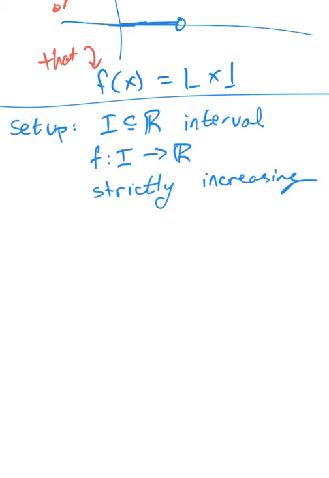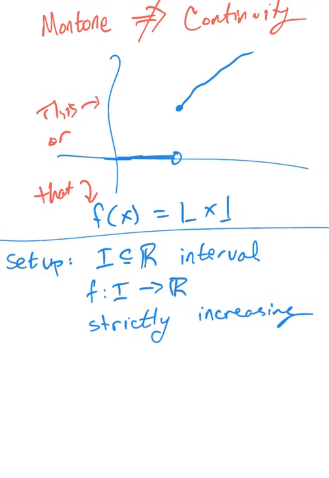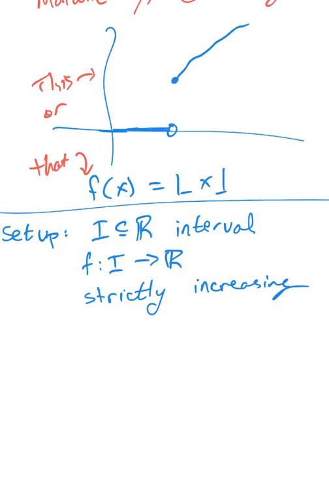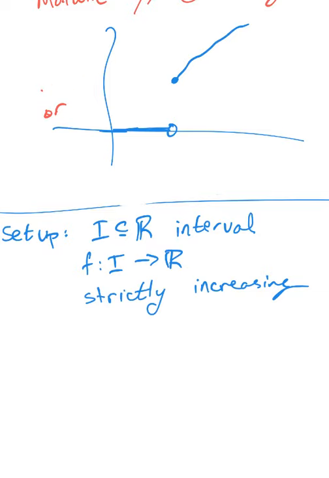Oh, I'm sorry, I have to go back. We said something wrong. Both of these functions are bad examples of strictly increasing because they're not. The floor function is not strictly increasing. It's weakly increasing. And the function I drew is also weakly increasing.